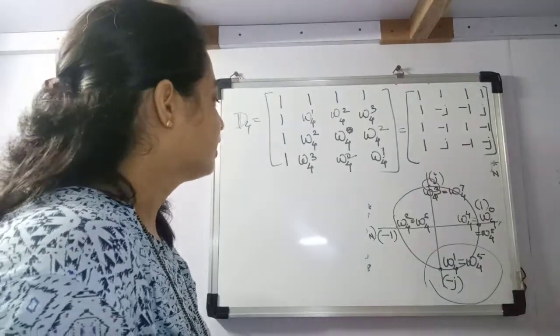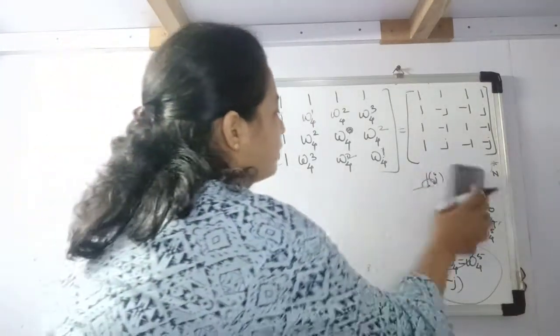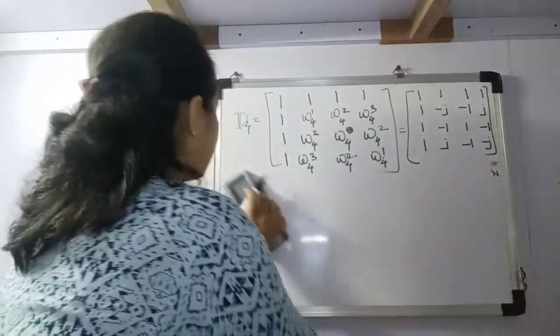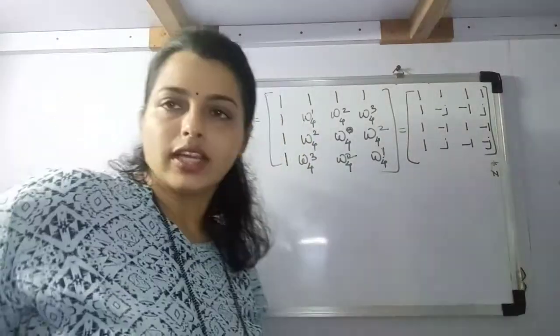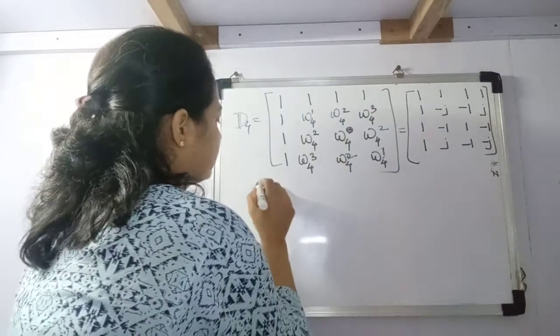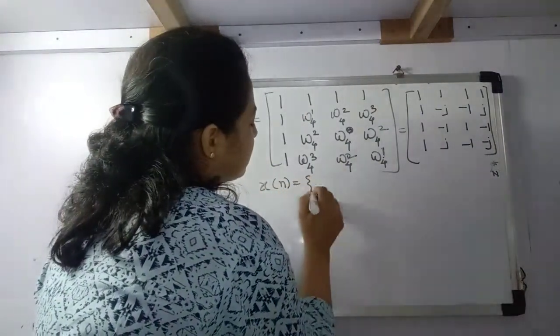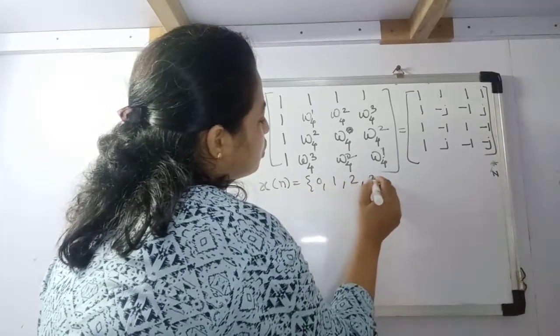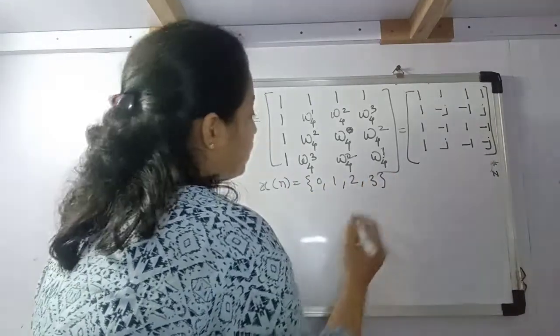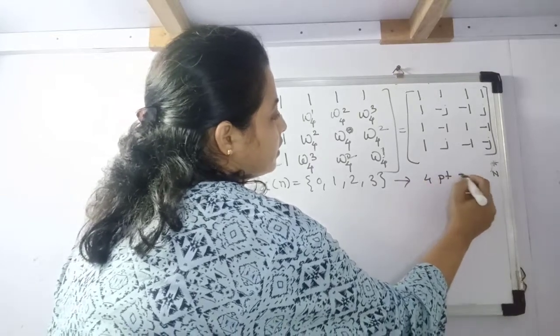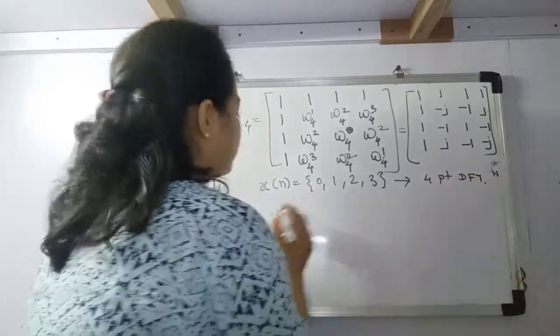So we'll solve that example again. In the first example, x of n was given, and we'll solve the same example and see what time is required to calculate it. x of n is given as 0 1 2 and 3, and it is asked to find the 4-point DFT of this x of n.